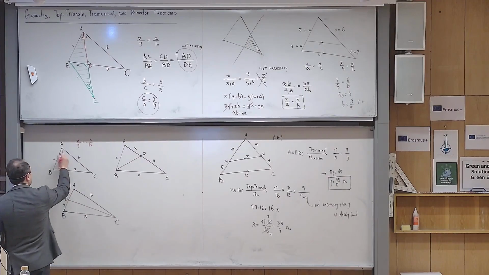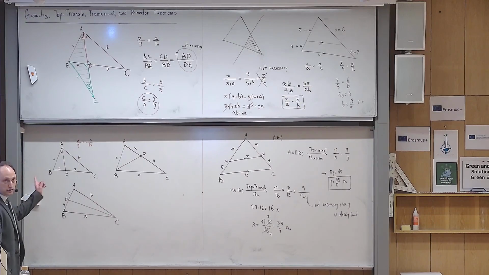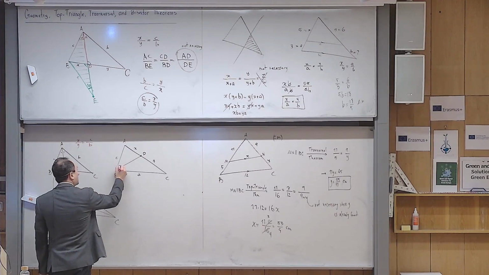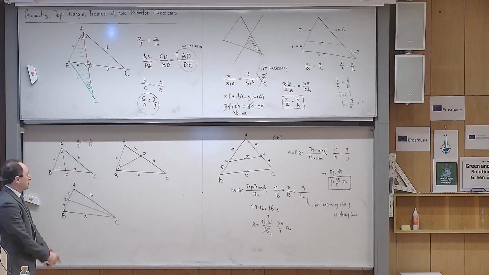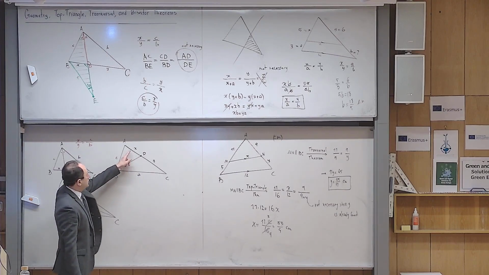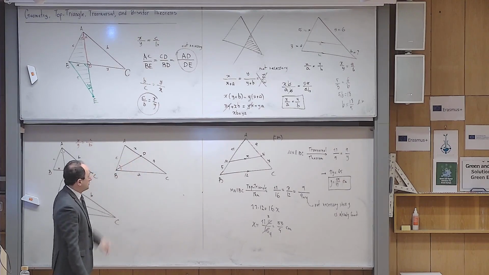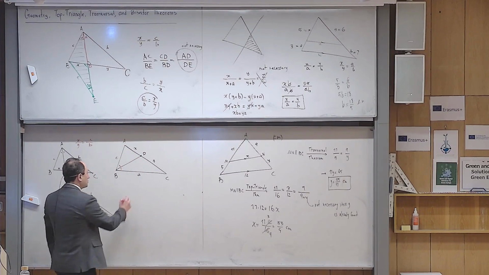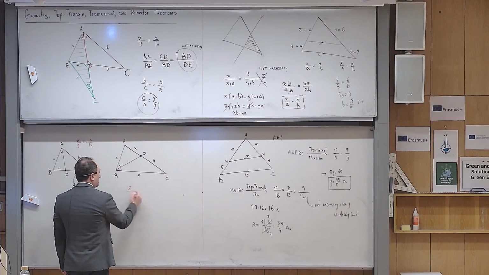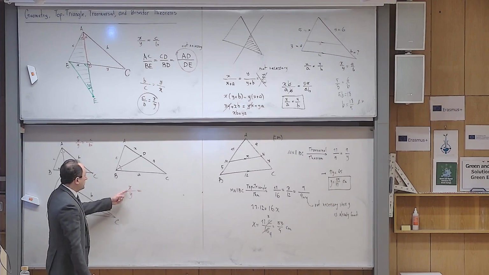If the angles are the same, so let me put a dot here and a dot here. They are the same. If these two angles are the same, what can I write now? Can you tell me? This angle bisector separates two line pieces here. So you write one of them on top and the other one in the bottom. If you decide to write x above, which one of these you need to write above here?